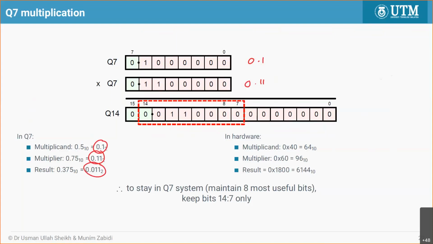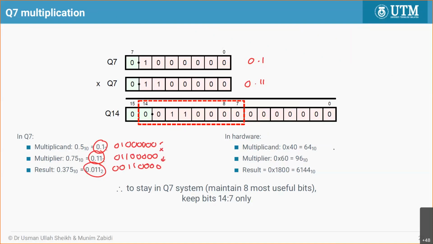So you know this is the number that you want. If I write this in Q7, I will get 0, 1, 0, 0, 0, 0, 0, 0, like that. This one in Q7 also like that. But this number I will get 0, 0, 1, 1, 0, 0, 0, 0. So I know ahead of time, if I multiply this times this, I will get this.